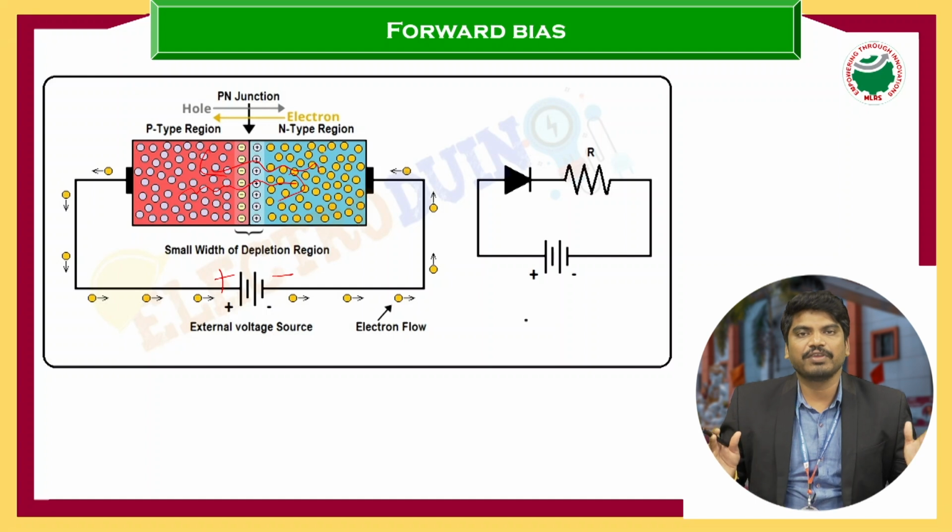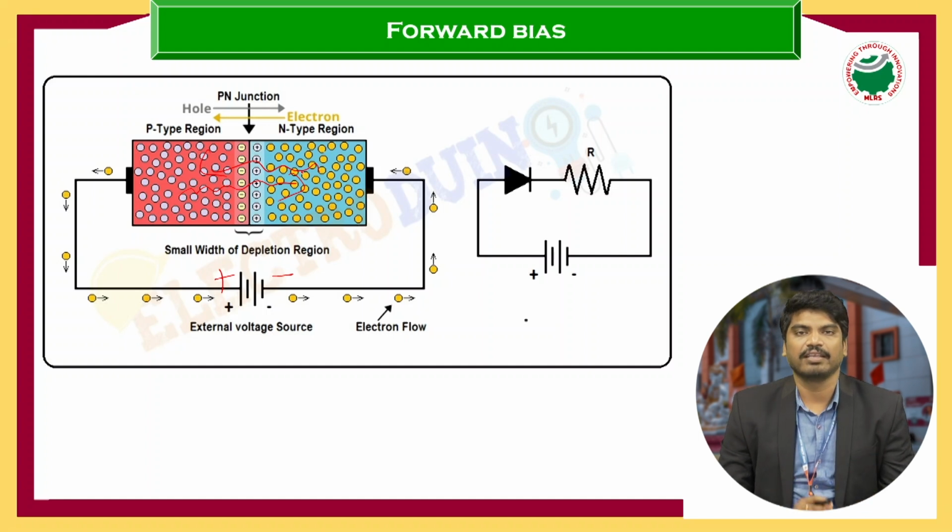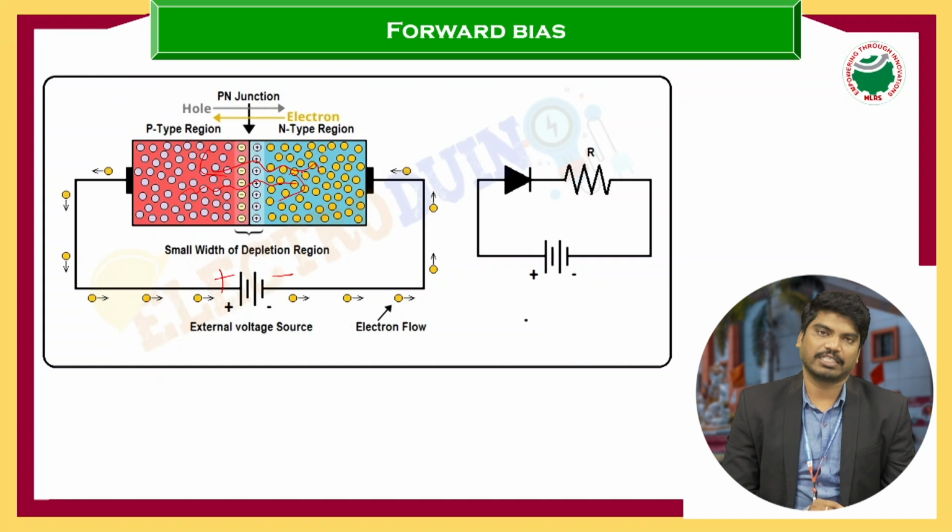Then as much as we are pushing, what happened? Because of this external energy, once we reach the threshold voltage, these charge carriers are able to break the depletion region and current flow takes place.